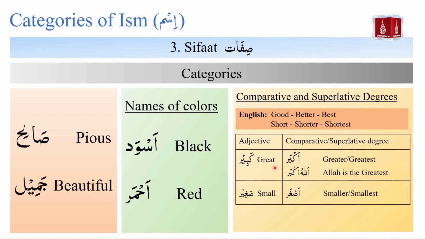Kabir is great, akbar is greater or greatest. As we hear in the azan, Allahu Akbar, which means Allah is the greatest. Similarly, saghir means small, and the comparative and superlative degree for saghir will be asghar, which means smaller and smallest.